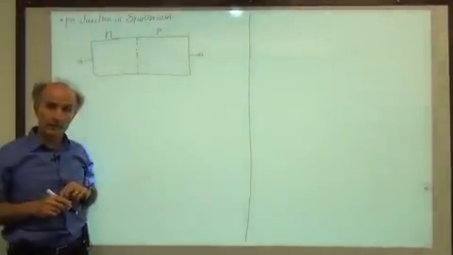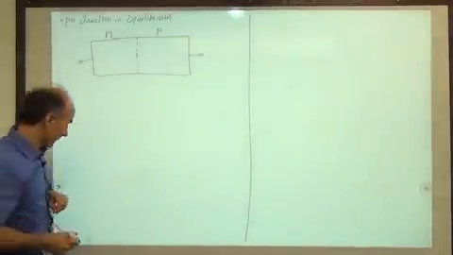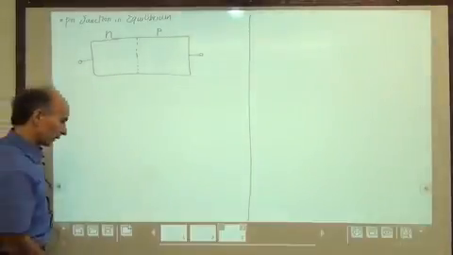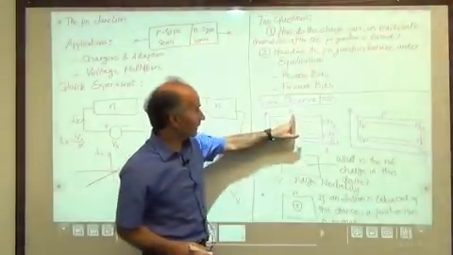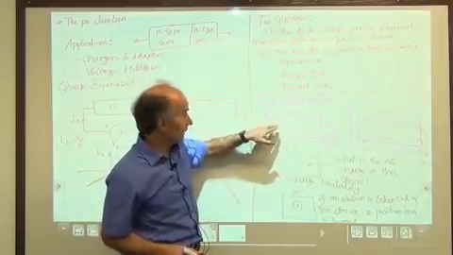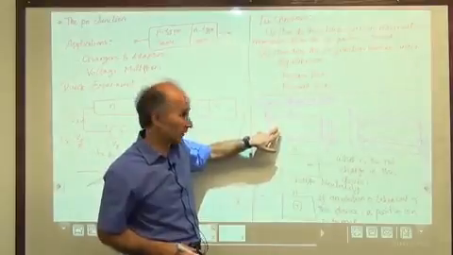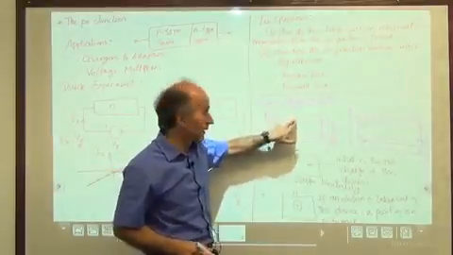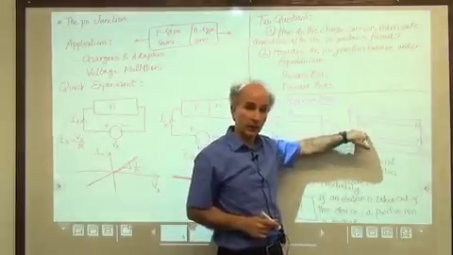Okay, so now what happens? Well, let's remember from the previous page. If I take it to the previous page for a second, remember what happened in N and P before we formed the junction. We had N sub N electrons per cubic centimeter on the N side, P sub P holes per cubic centimeter on the P side.